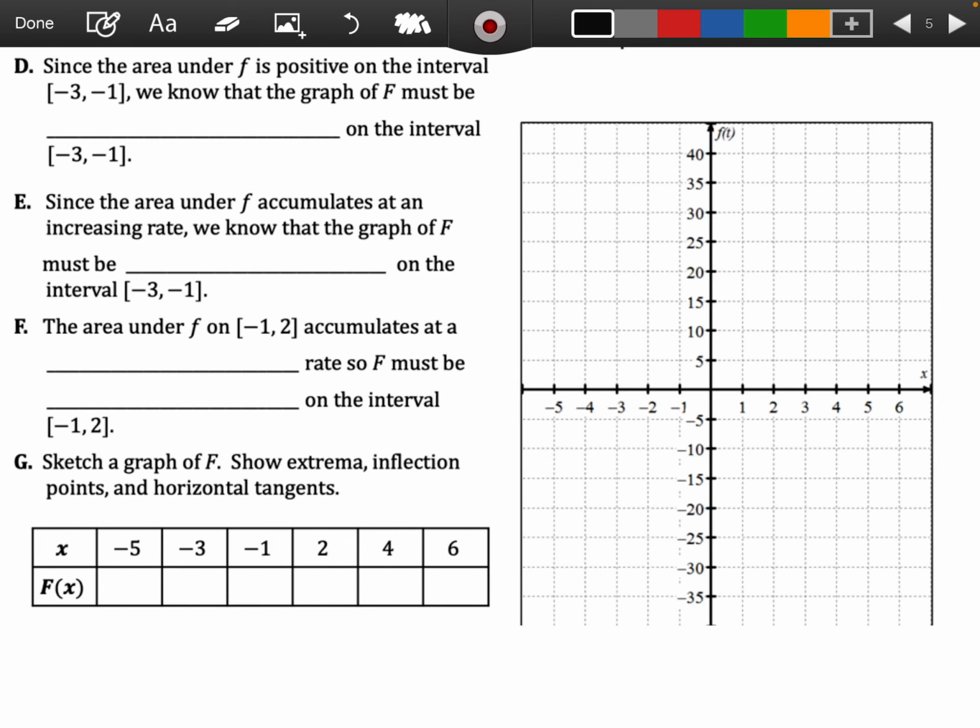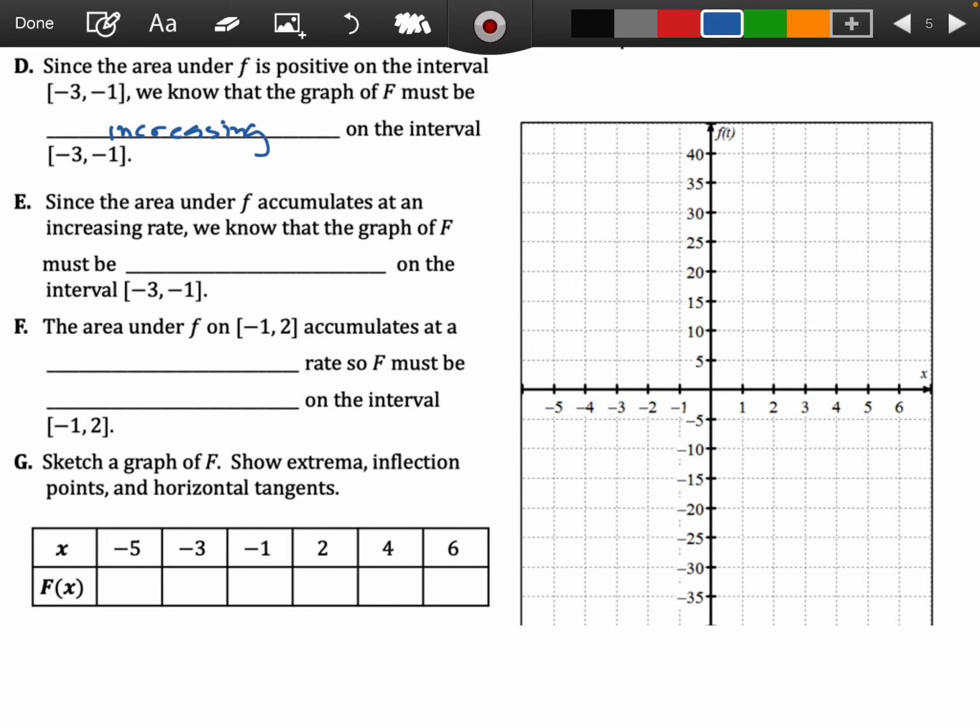All right. Still in this example, they want us to answer a few more questions. Since the area under F is positive on the interval of -3 to -1, we know that the graph is going to be increasing, okay? We know that the graph of capital F must be increasing.